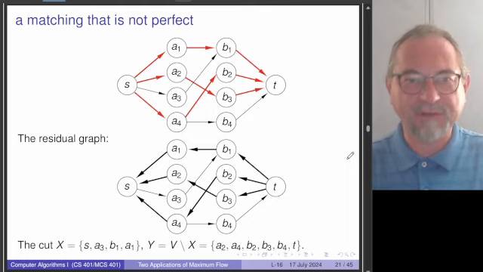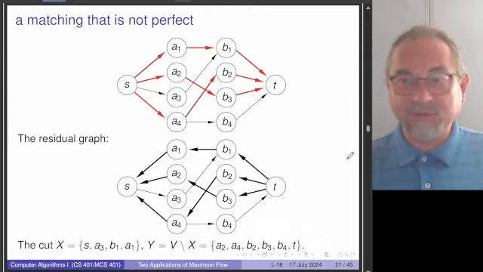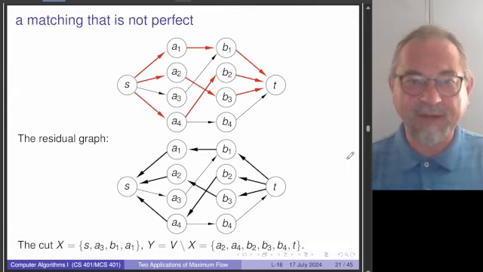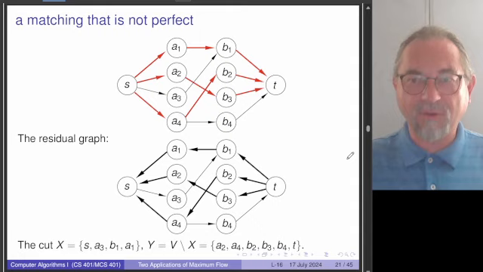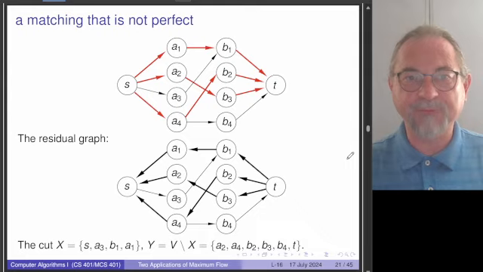You can see this here. Worker A1 is assigned to B1, and that's the only job that worker A1 can do. But then you have worker A3 that also can only be assigned to job B1. So there you see your certificate already.